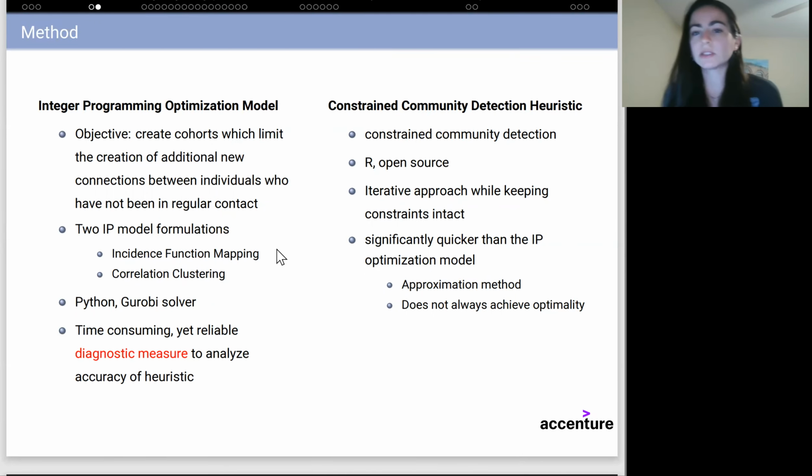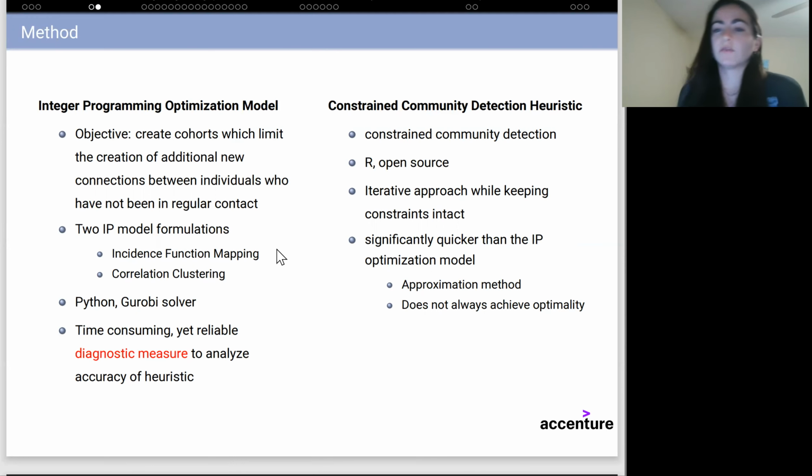And moving on to the heuristic, again, it aims to solve the same constrained community detection problem. We developed it in R, it's all open source, and it takes on an iterative approach and still keeps those capacity constraints and cohort number constraints intact.